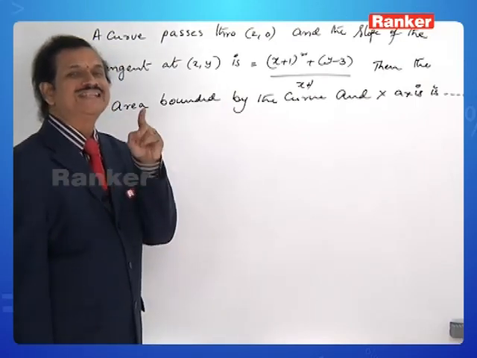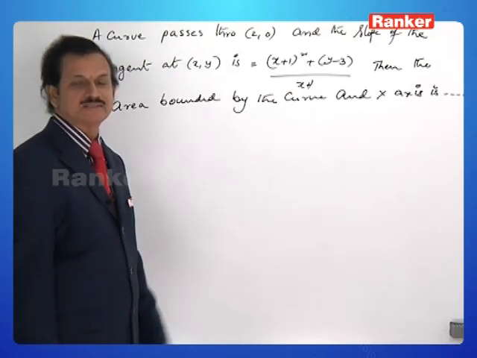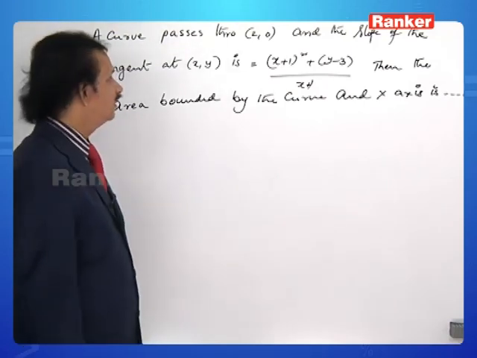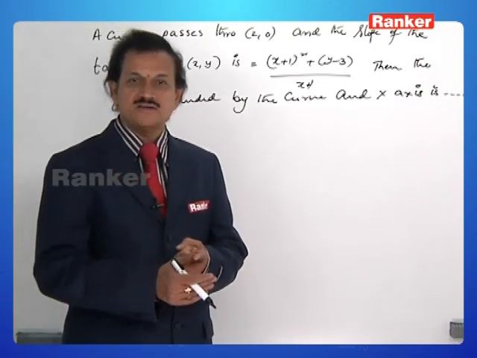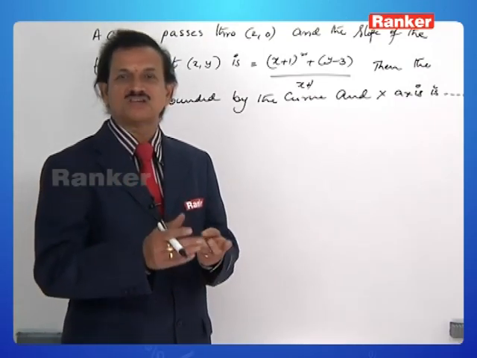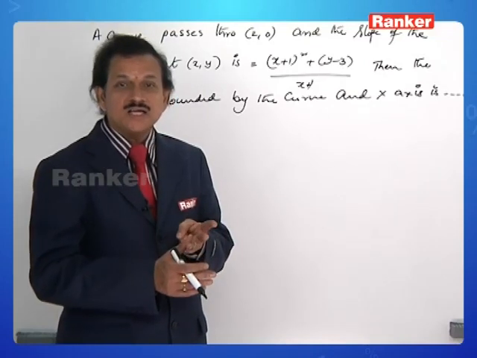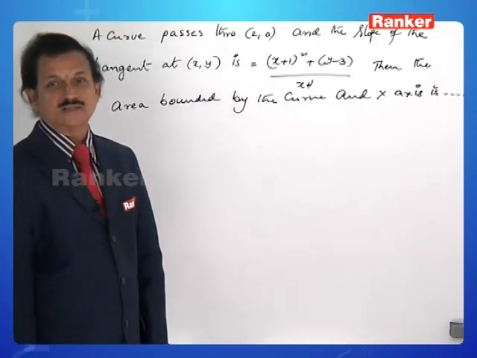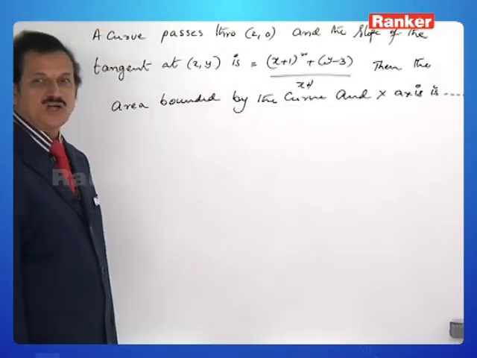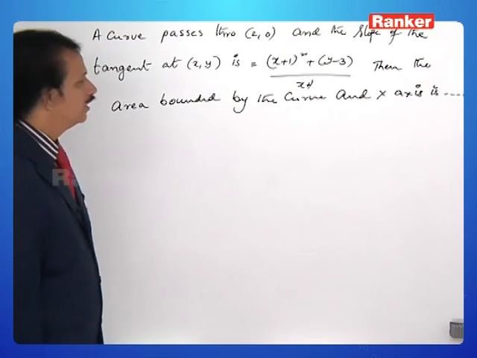The area bounded by that curve and the x-axis is the main question. So, this is a combination of differentiation, differential equations and areas of plane curves. Yes, that is why I like to call it a special problem.